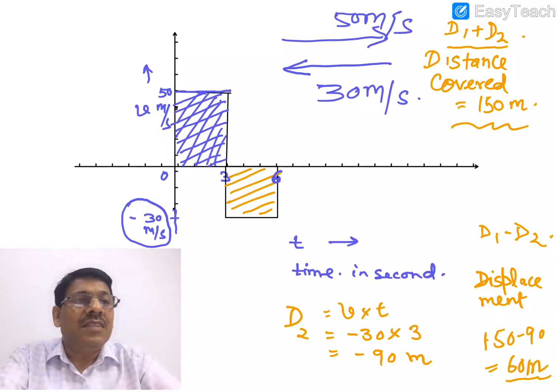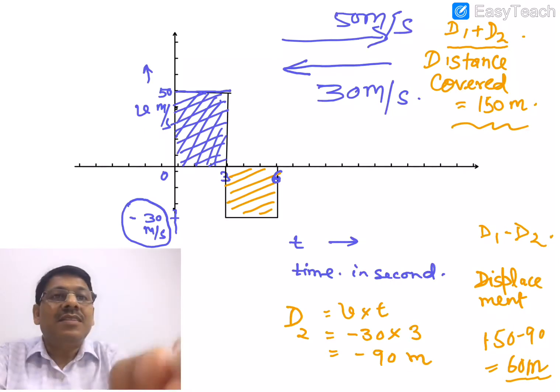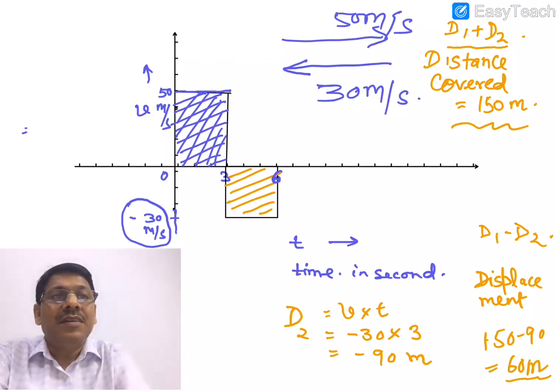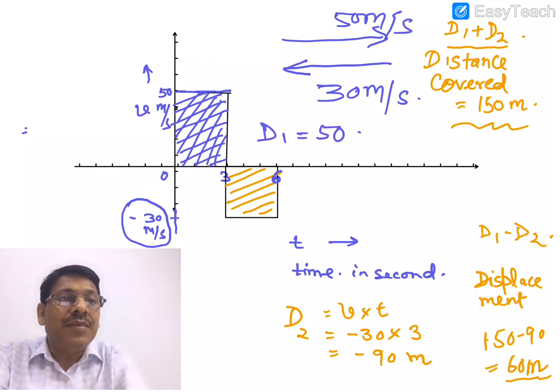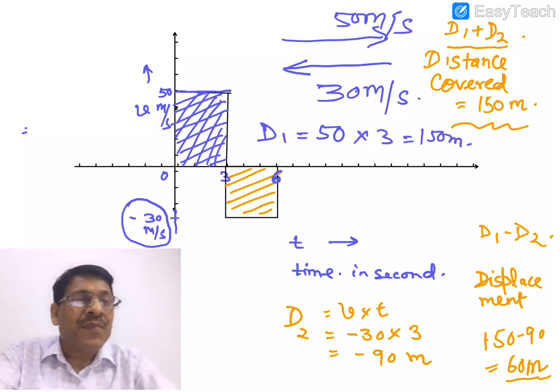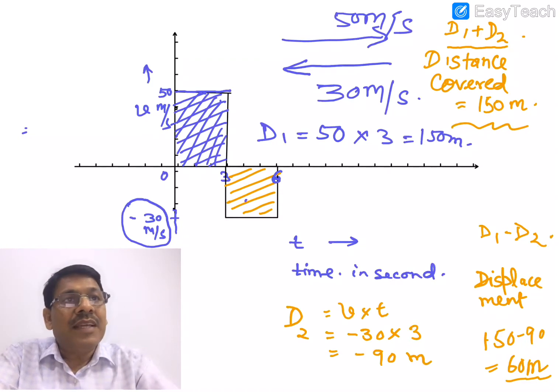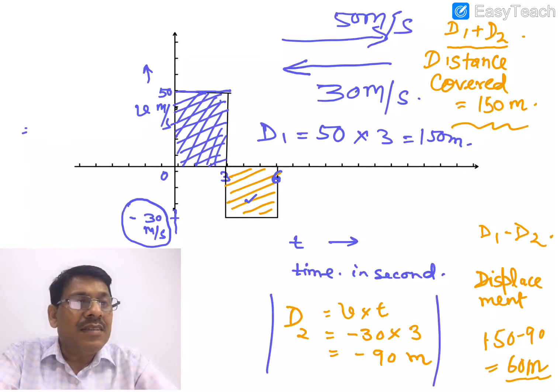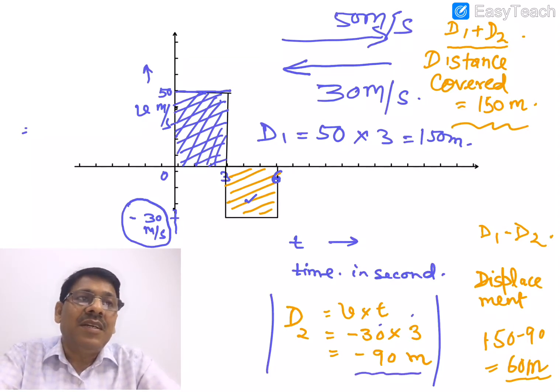Means the distance D1 is equal to 50 into 3, and that is 150 meter. And for the second, the distance is minus 30, that is the velocity, into time 3, means minus 90 meter.